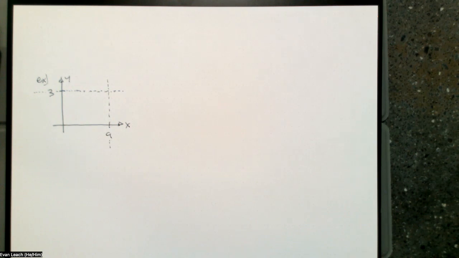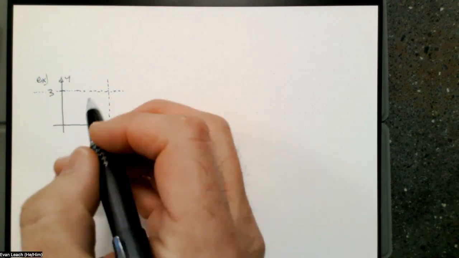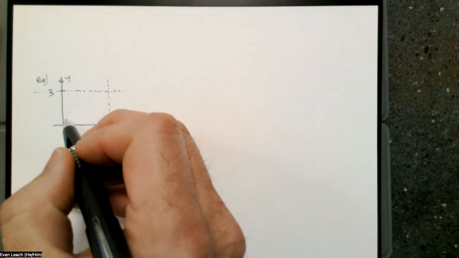I have a rectangle that's 9 on the x and 3 on the y. So you could probably guess how I'm going to be splitting this region up. The only question is whether I'm going to start at 0, 0, or at 0, 3. I'm going to start at 0, 0 because it'll make it a little easier to draw.